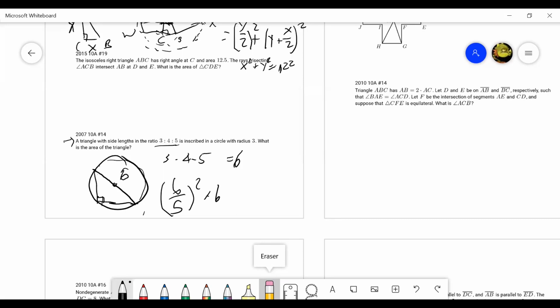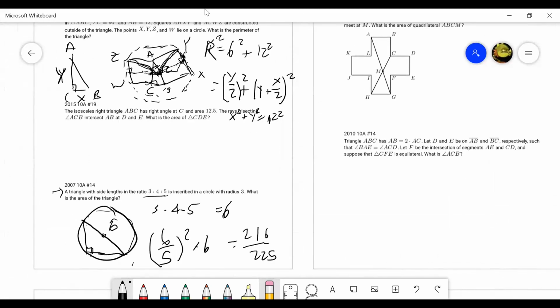We're just using the ratio of the side length squared. All right. And I think it's 216 over 225. Actually, not 225, it's 25.